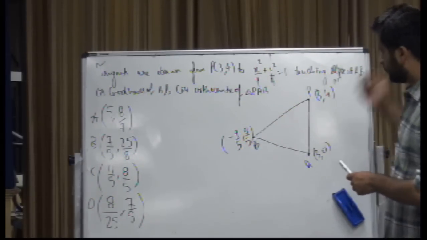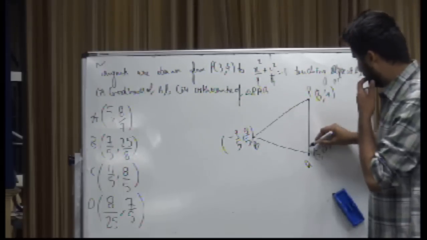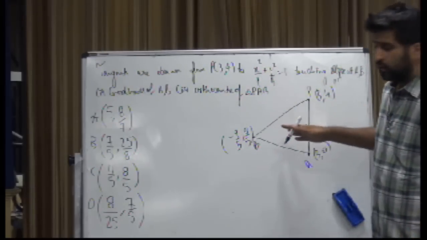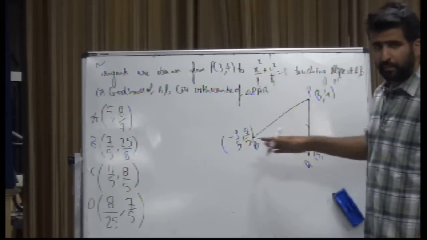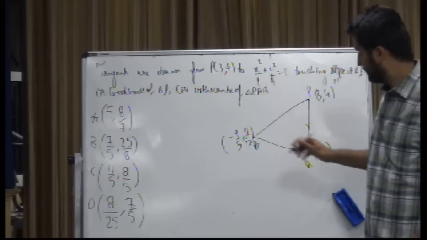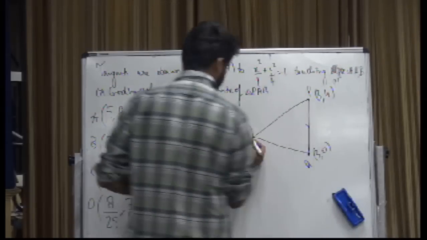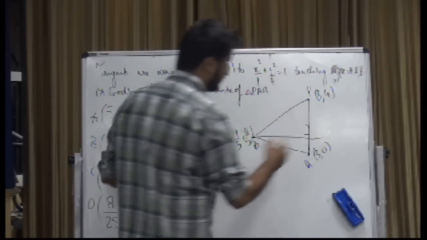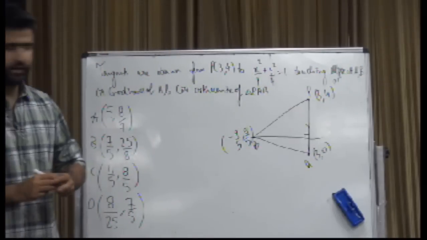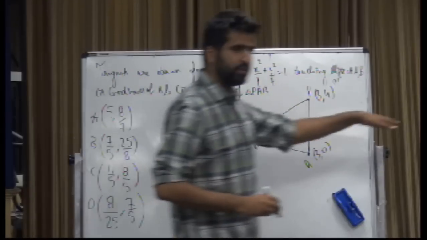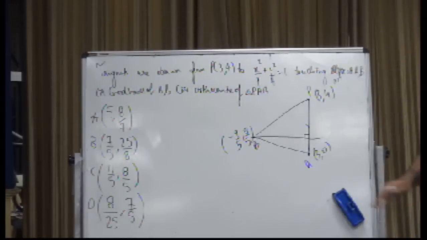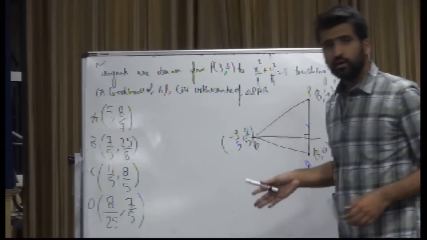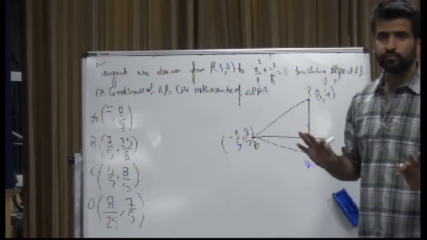But what you could really do is, see, this line, the altitude will be perpendicular to this line, right? And it will pass through this point B. So this will be the altitude. What will be the equation of this altitude? This is a line parallel to the x-axis, so y is equal to 8/5.